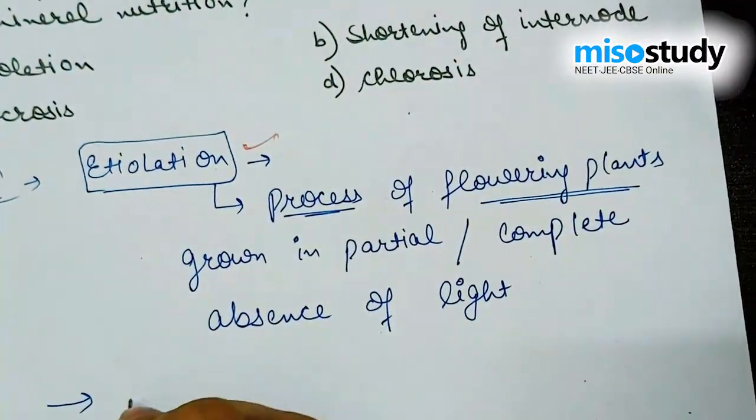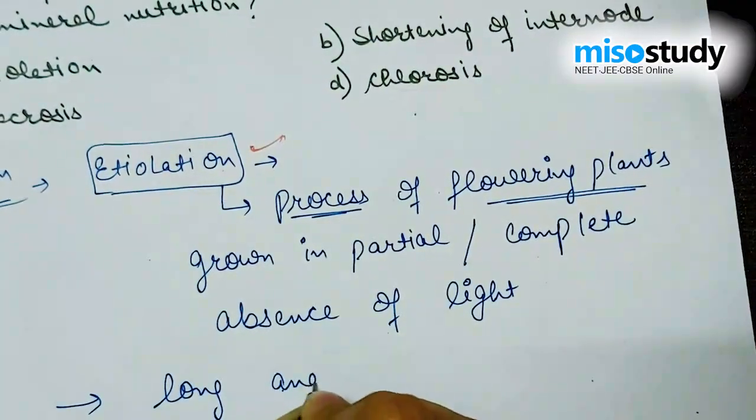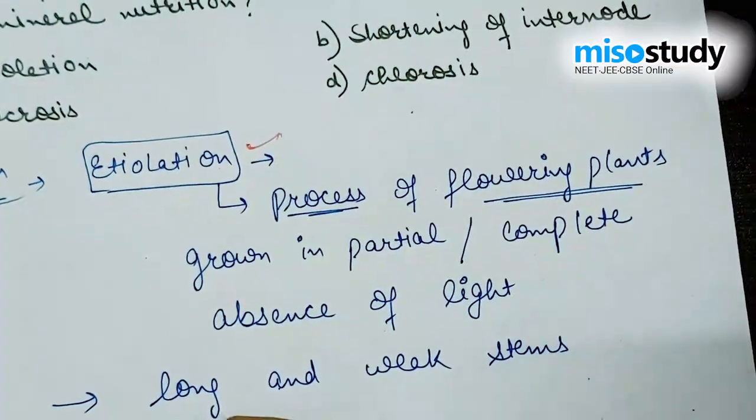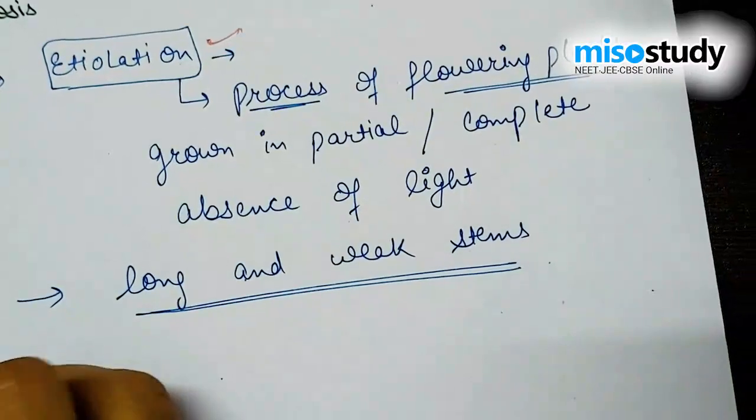Etiolation is characterized by long and weak stems.